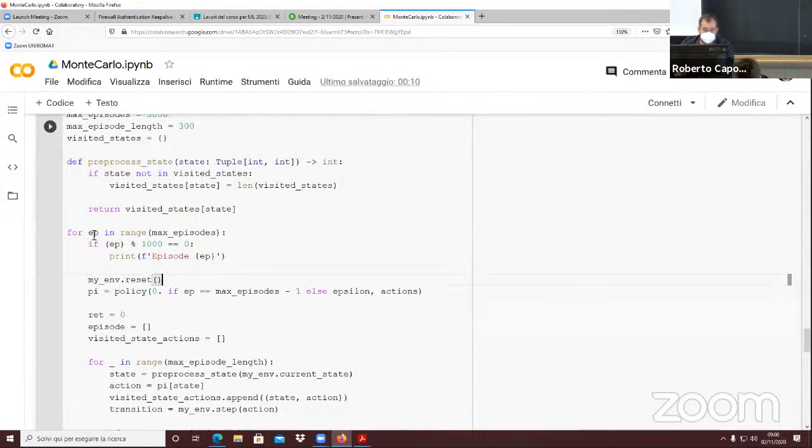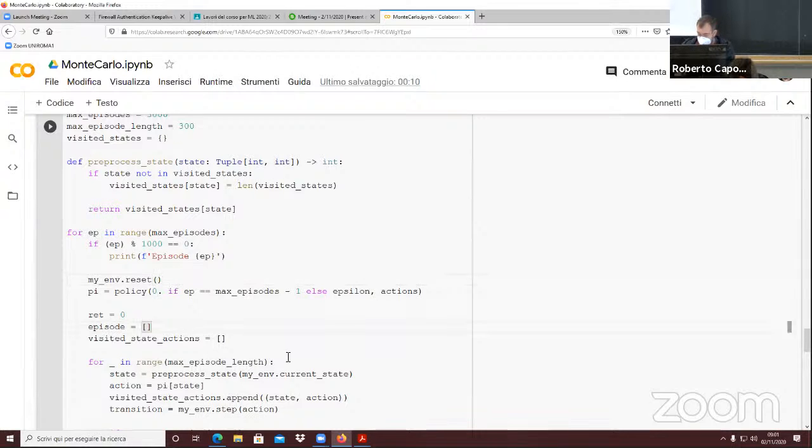And then for a certain number of episodes, where I fix the maximum number of episodes, I reset my environment to start from the initial state, and I compute my policy. That's the initial estimate of my policy.